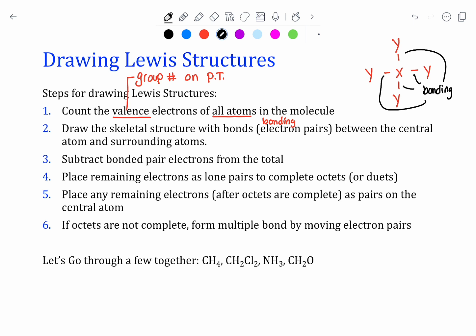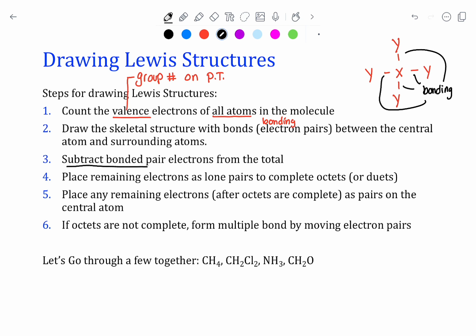Once we have drawn our skeletal structure and have shown all of our bonds with dashes, we subtract the bonded pair electrons from the total number of electrons that we had overall. The idea here is that every atom is contributing its valence electrons to form this structure.